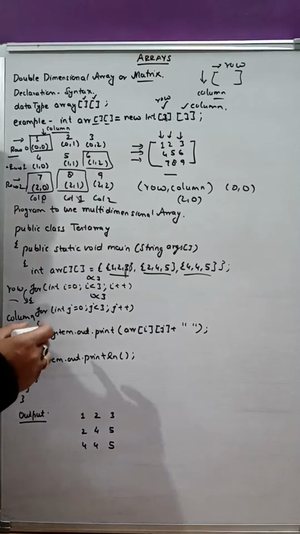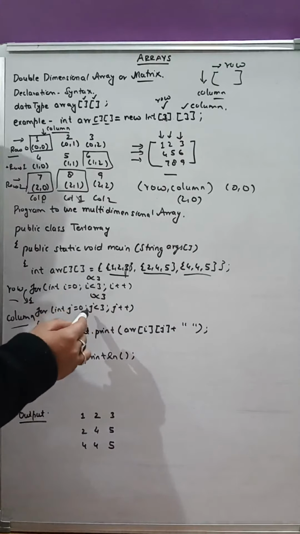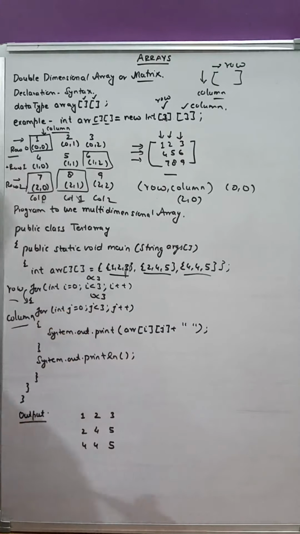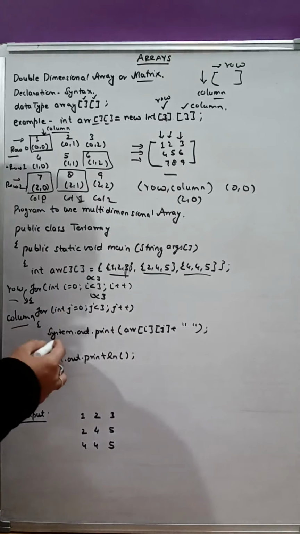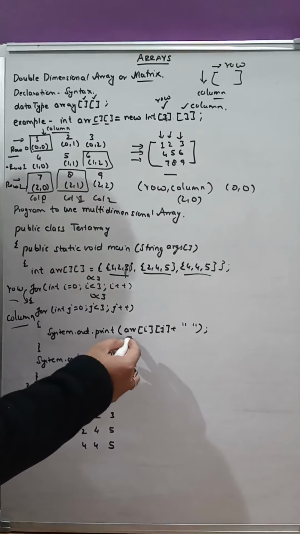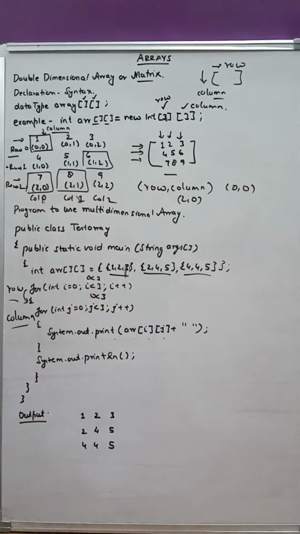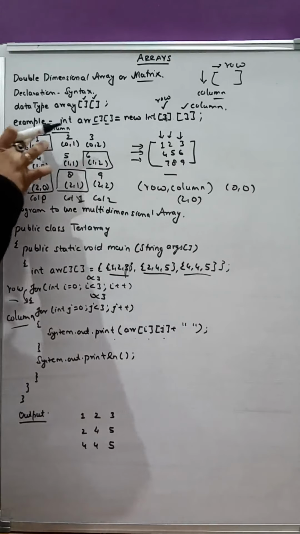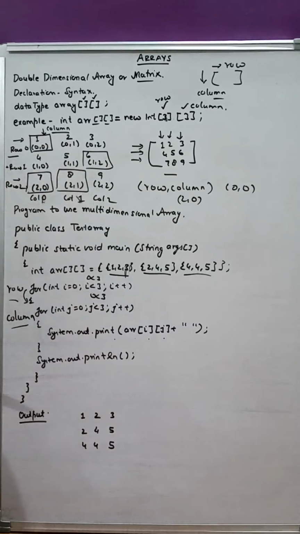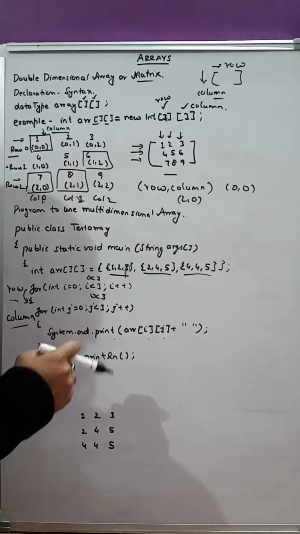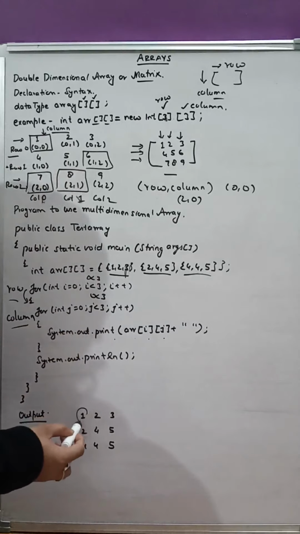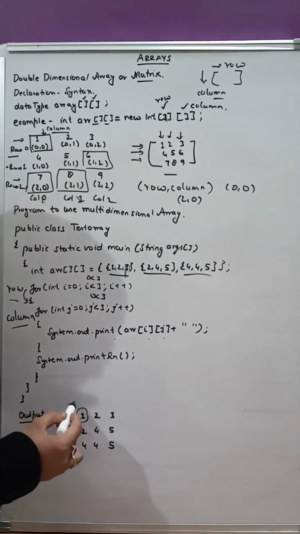Now the value of i is 0 and j is also 0, so System.out.print prints the value of arr[0][0]. On the 0 comma 0 index, 1 is stored.